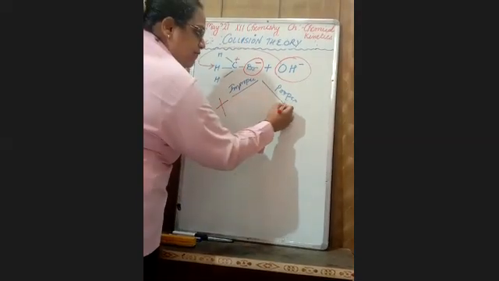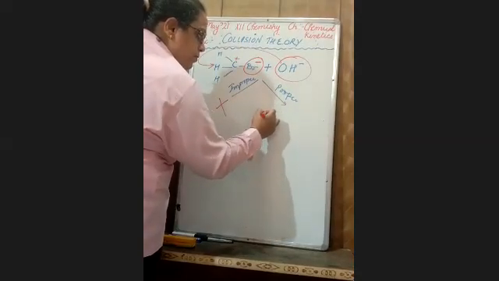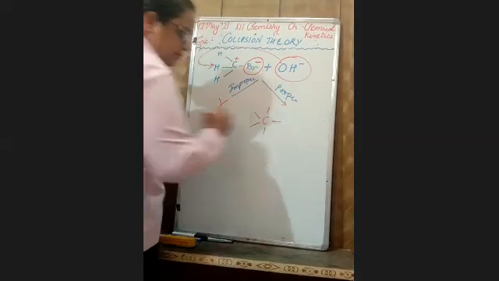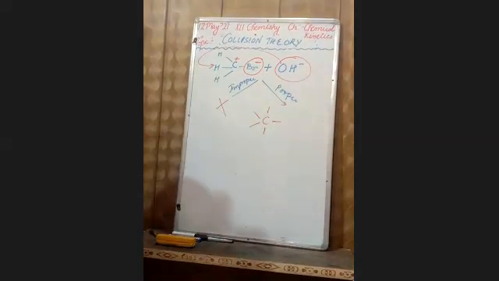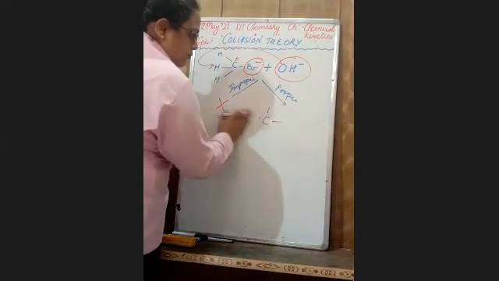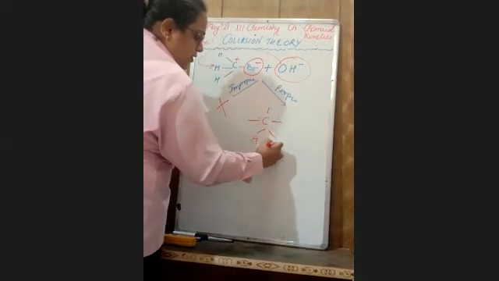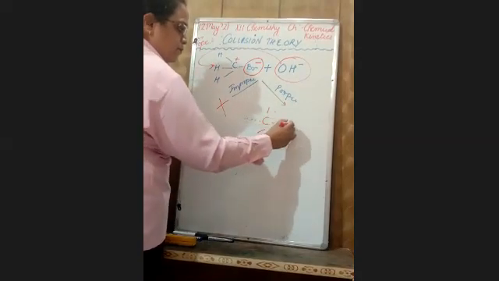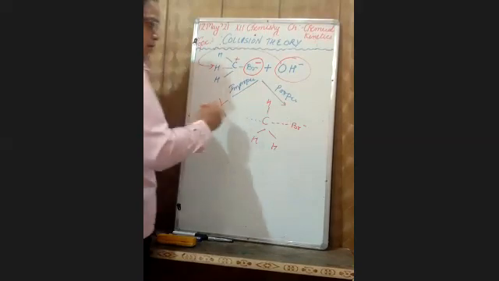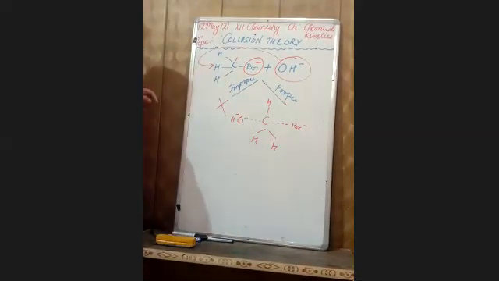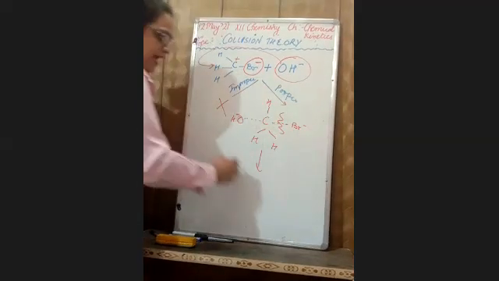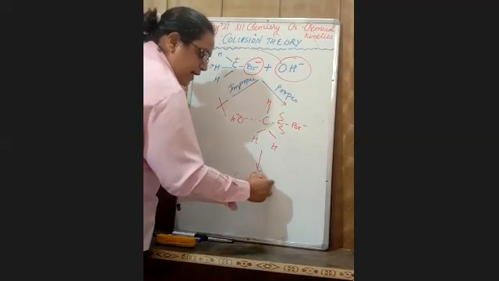First an intermediate will form. How? This is a partial bond. This first intermediate will form, and then this bond breaks down and you will get your product.